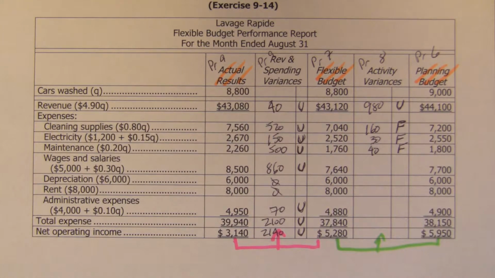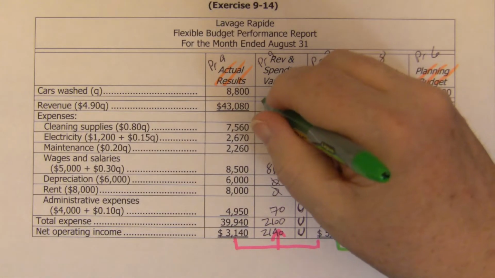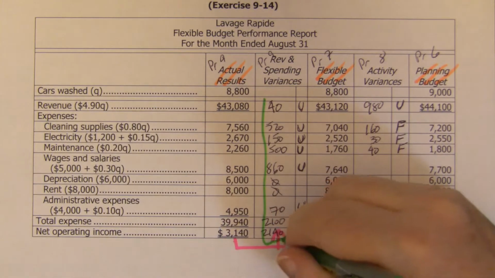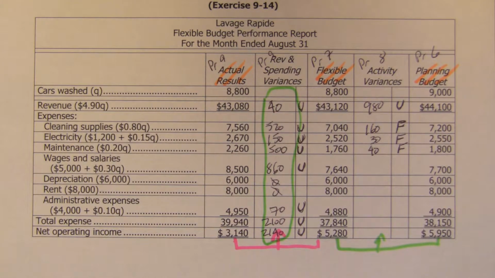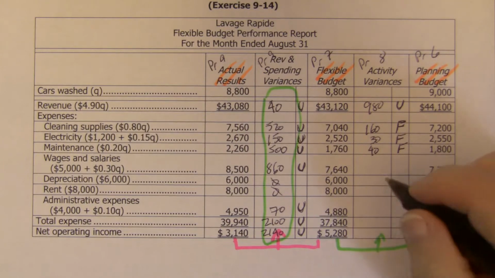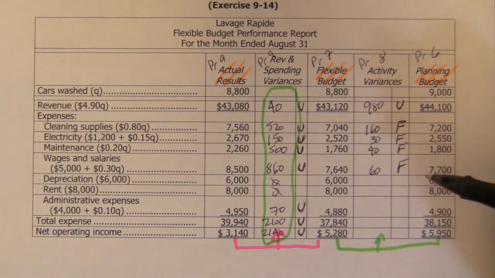Everything in this column is real dollars. Everything else is funny money. It's monopoly money. This is $60 favorable for wages and salaries.